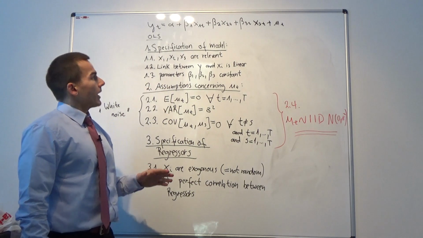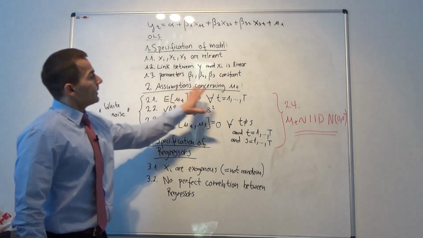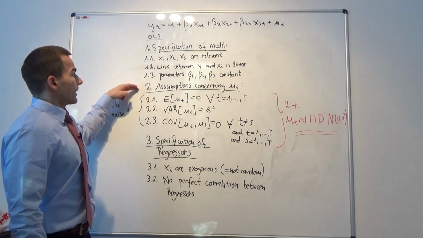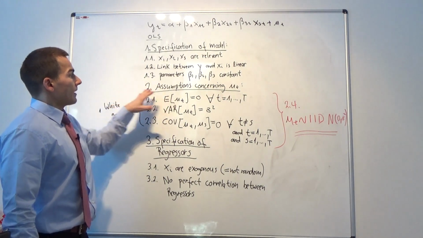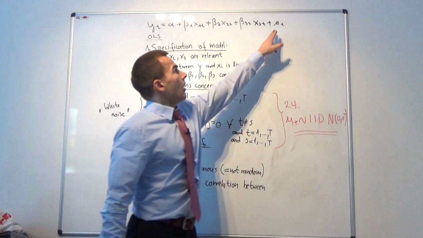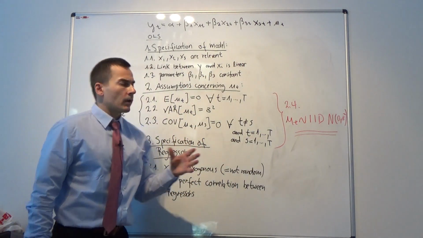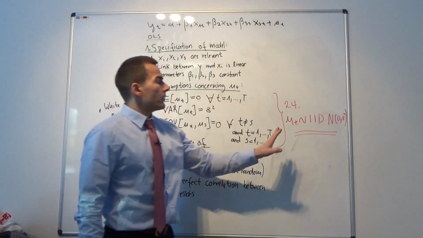And in this lecture, and what follows, we will have a closer look at the second part, the assumptions concerning our errors. We will talk about what happens if we deviate from this assumption.